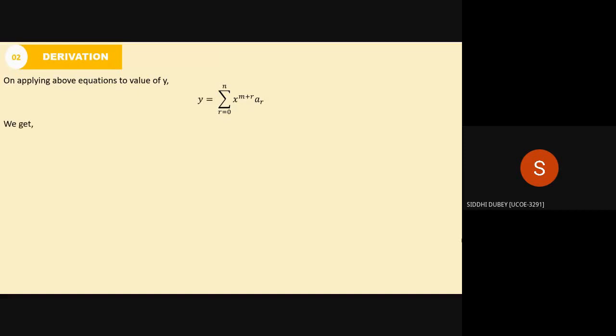Now by applying the above equation to the value of y, we get this equation, that is y equal to x raised to m into a naught minus x raised to m plus 2 a naught upon (m plus 2) the whole square minus lambda square plus x raised to m plus 4 a naught upon (m plus 2) the whole square minus lambda square into (m plus 4) the whole square minus lambda square.